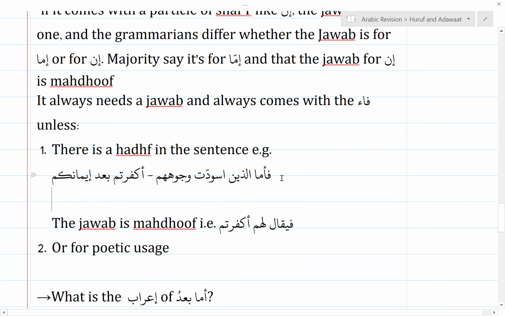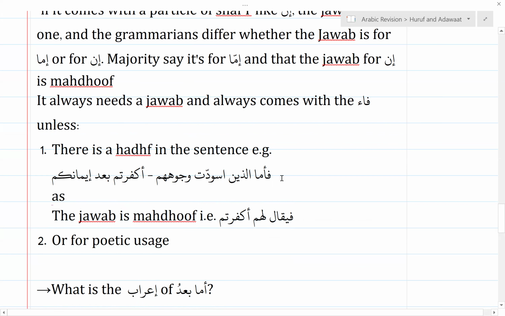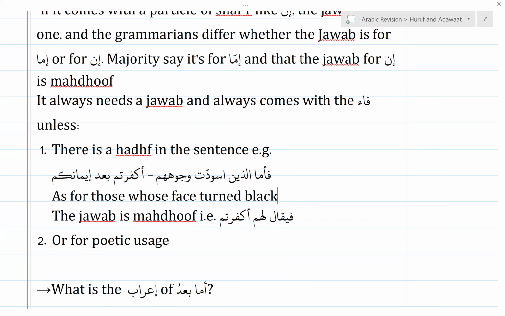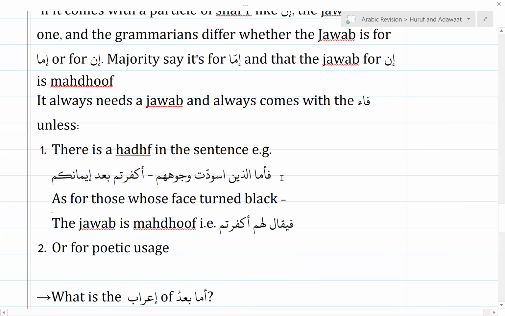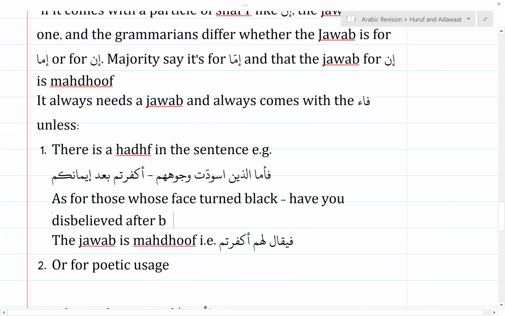Let me type it out so that you can probably see. As for those whose face turned black, have you disbelieved after believing, or after your iman? When you read this sentence, you get a sense that something is missing here, right?